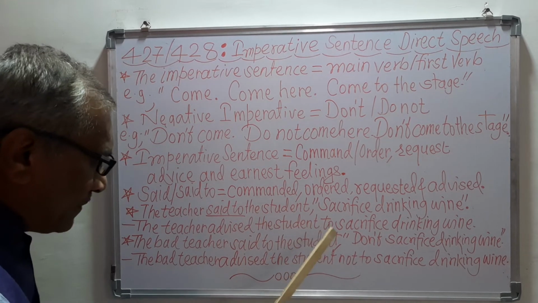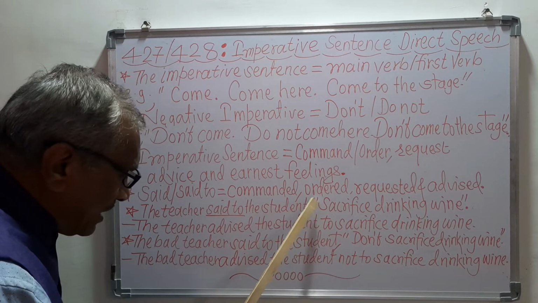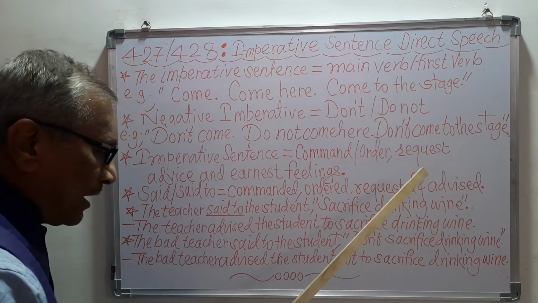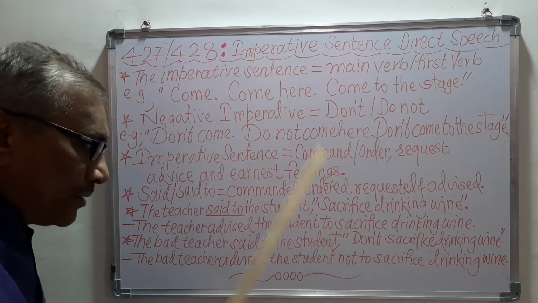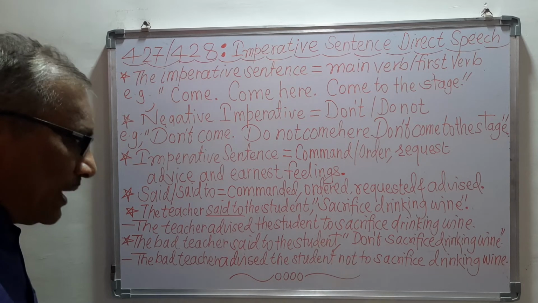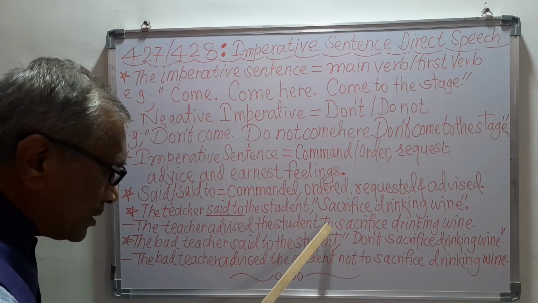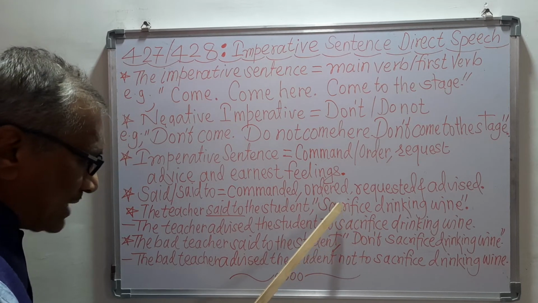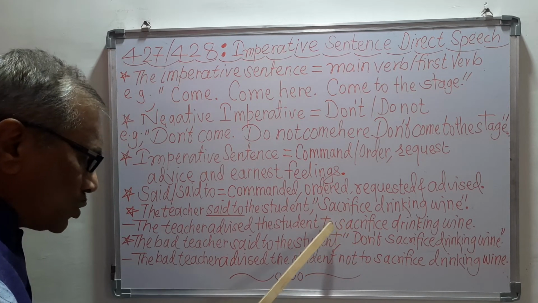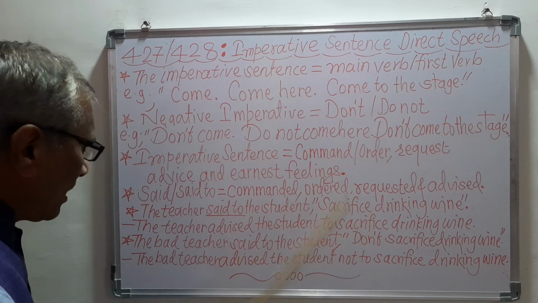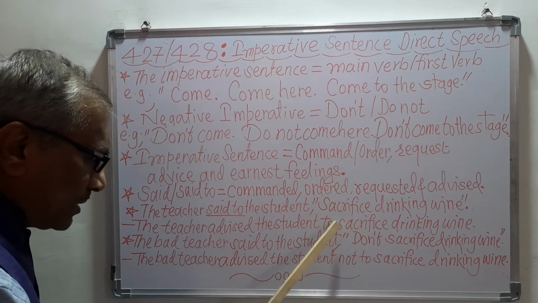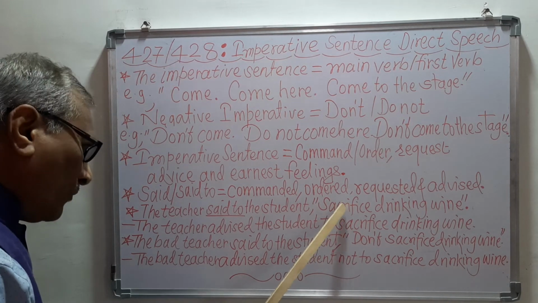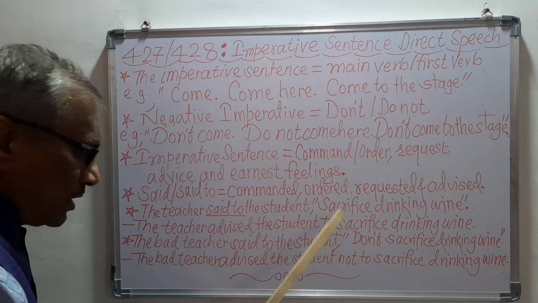Then remember, the comma and inverted commas have all been removed, and I have given there "to", which means I have made the infinitive form. Always here is the main verb, and of this main verb we should do the infinitive.